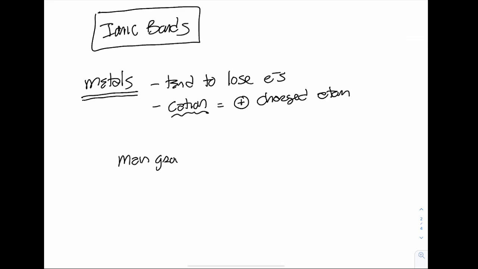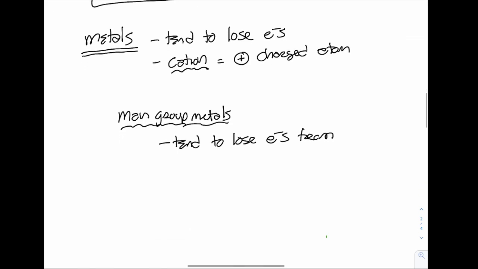remember we subdivided our periodic table into main groups, transition metals, and inner transition metals. So for main group metals, they tend to lose electrons from their highest energy occupied orbital.